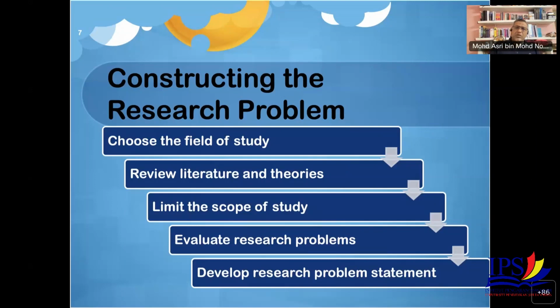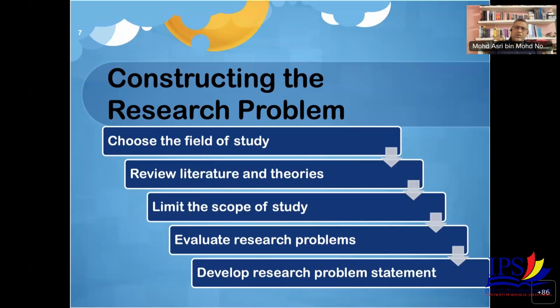But again, you have to also understand that when you are talking about doing research, the research problem must have certain criteria. For example, the research problem should be something that is significant to the field, not something that people have been doing and there's nothing new coming out.